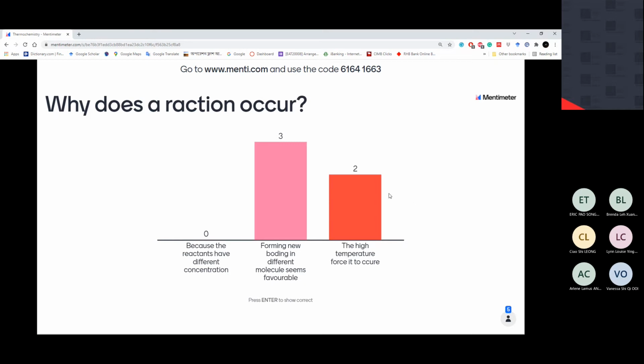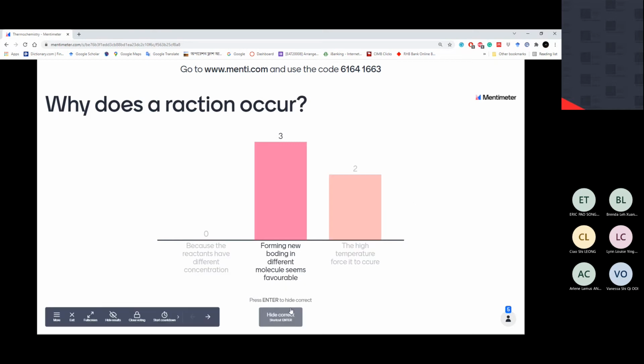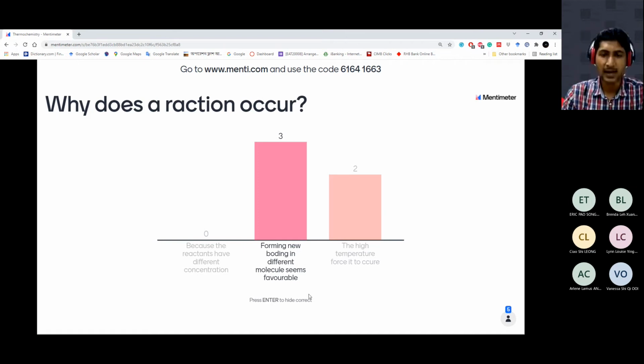All right, so forming new bonds in different molecules seems favorable, and that is why they will produce the reaction. It's not necessarily that high temperature will always force them to form new bonds. Sometimes high temperature may even force them to break down rather than produce a new reaction.